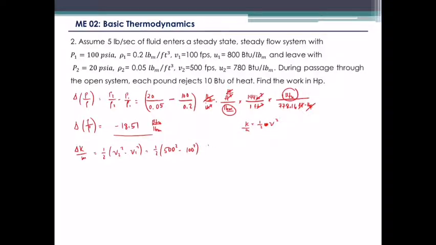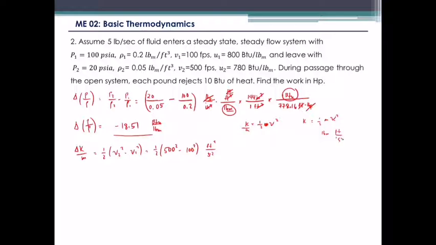The unit of V is feet per second, and since it is squared, feet squared per second squared. But we should obtain a unit of BTU per pound mass, so this is not yet possible, so we will use K. In kinetic energy, that is 1/2 mass times velocity squared, mass is in pound mass, and velocity is in feet per second.